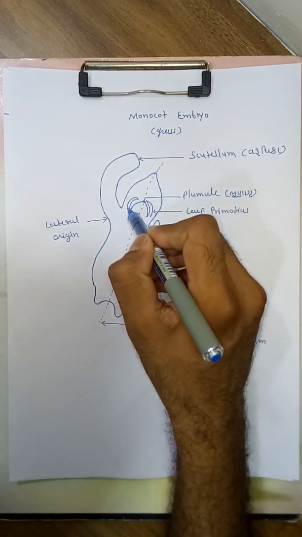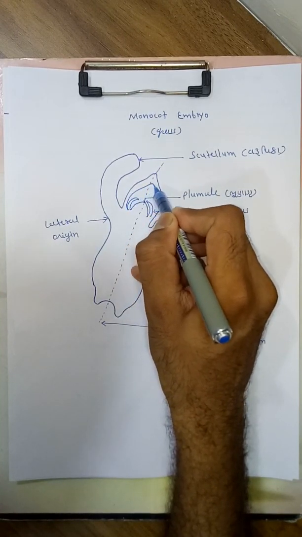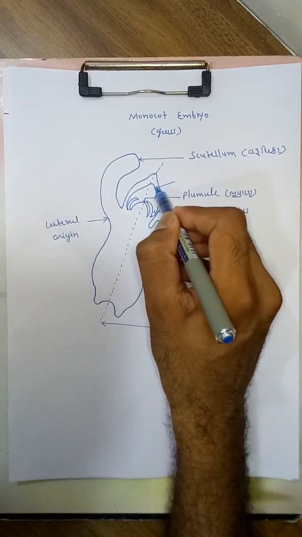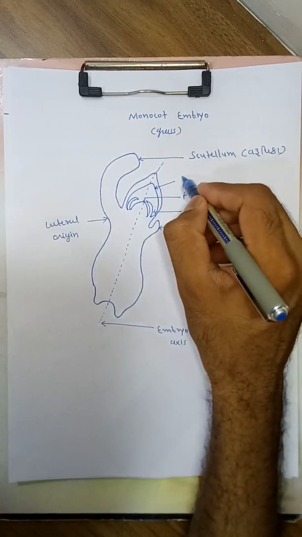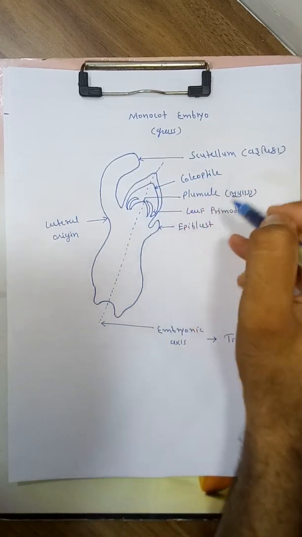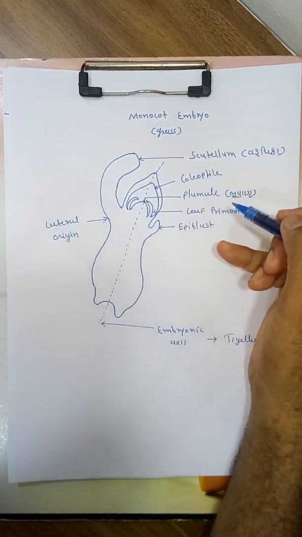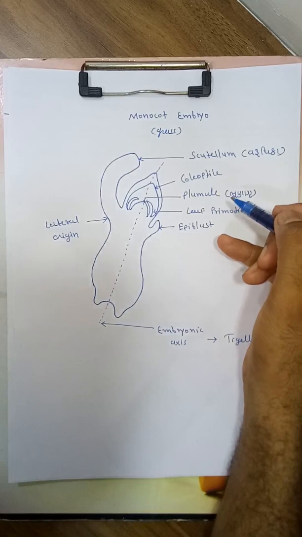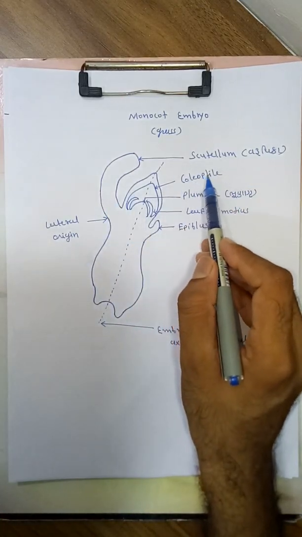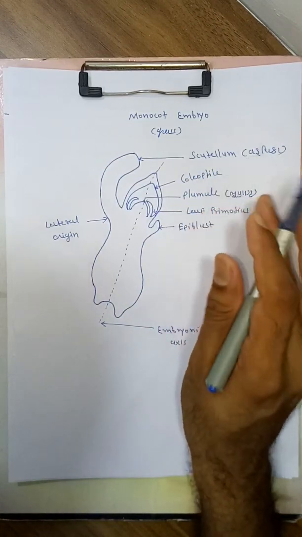And this entire structure is covered by a hollow foliar structure which is known as coleoptile. Okay, so this covering of plumule, a characteristic of monocot embryo, is called coleoptile.